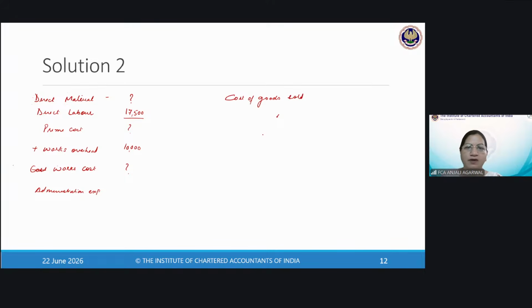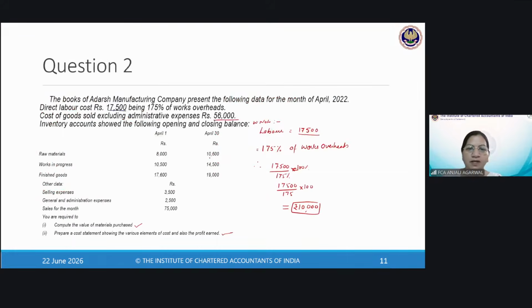From this, we deduct works overhead 10,000 and labor, which gives us the prime cost. So 28,500 is the material consumed. Then how much is the material purchased? You have the opening stock of raw material and the closing stock of raw material, 8,000 and 10,600.